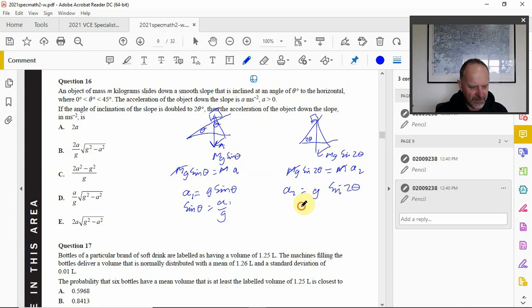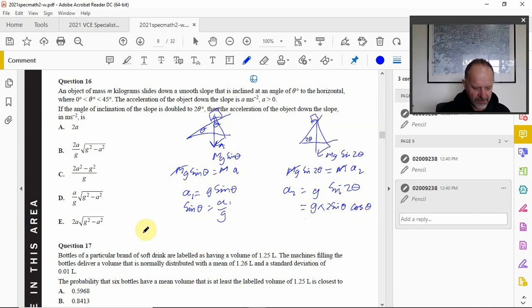All right, so we need to know this sine 2 theta part. Sine 2 theta, using a double angle formula, is 2 sine theta cos theta. Now we've got a value for sine theta: it's our original acceleration over g. We need a cos.